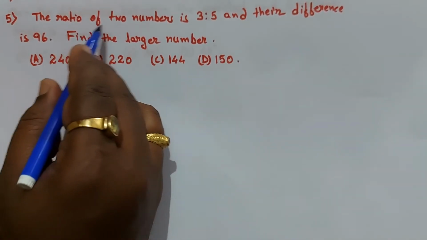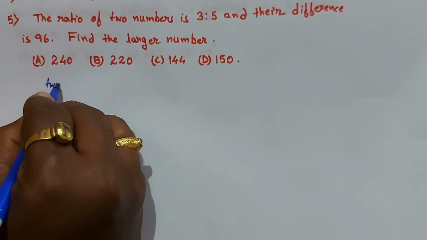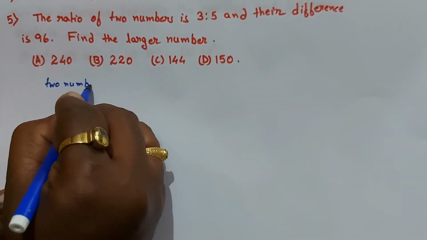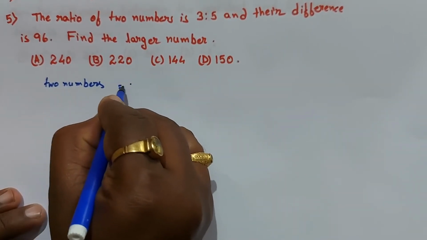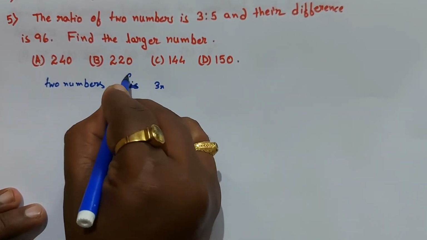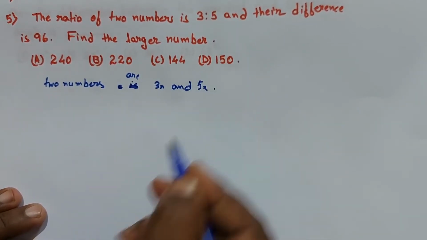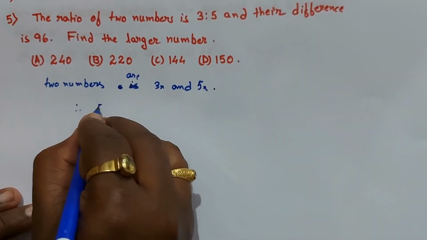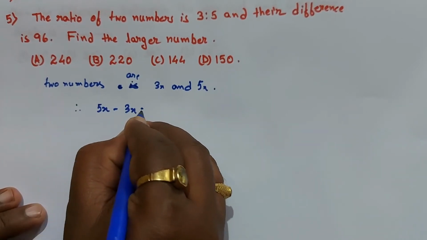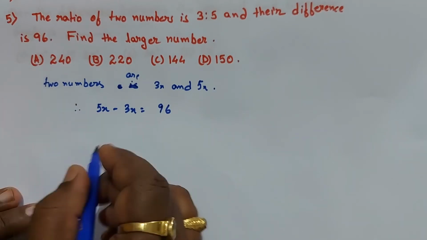So let the common ratio be x. So the two numbers are 3x and 5x. Okay, so their difference is 5x - 3x, that equals 96 as given.